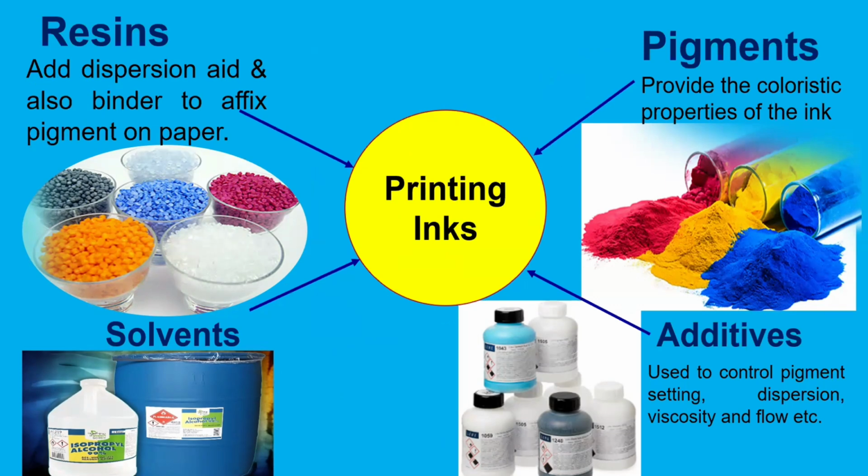Now the components of printing inks. After the types of printing inks, you should also know that all printing inks are based on four components. First, resins, which also work as a binder to fix the pigments on the paper.